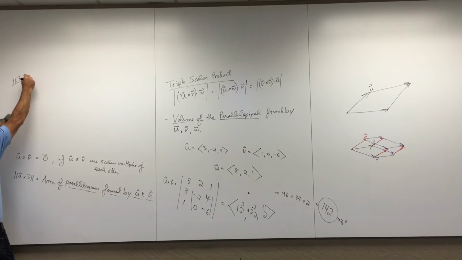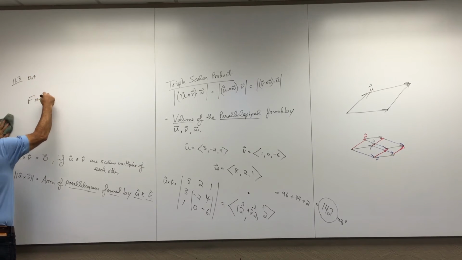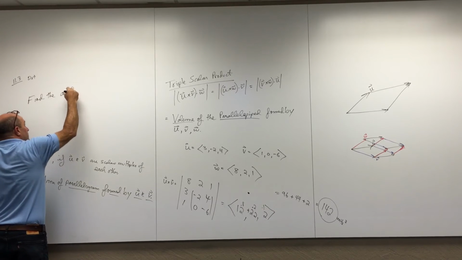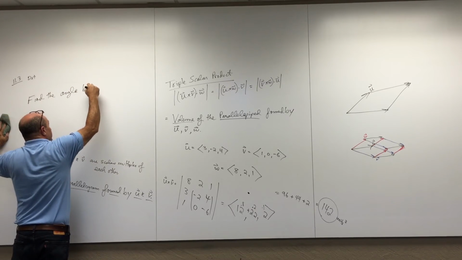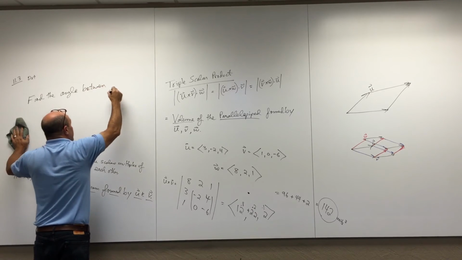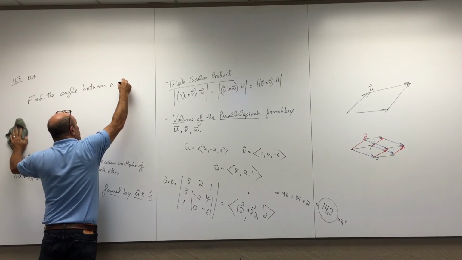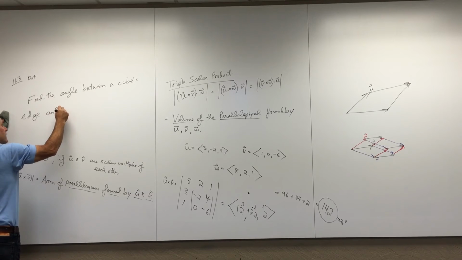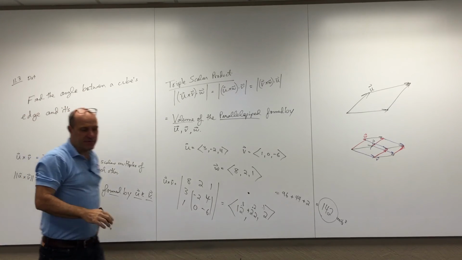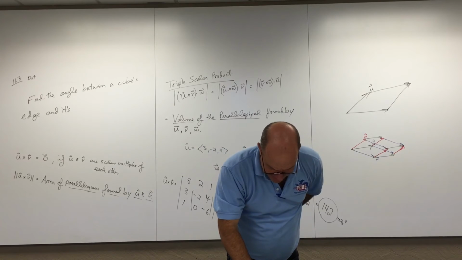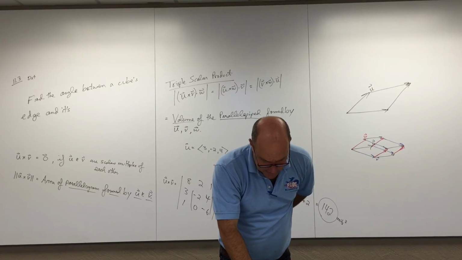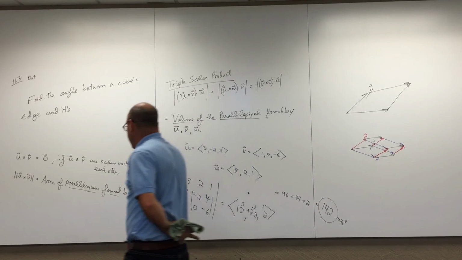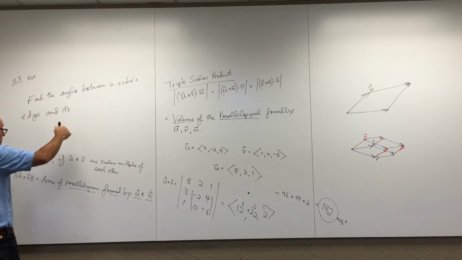It's concerning the dot product, and it says: find the angle between a diagonal of a cube and one of its edges.